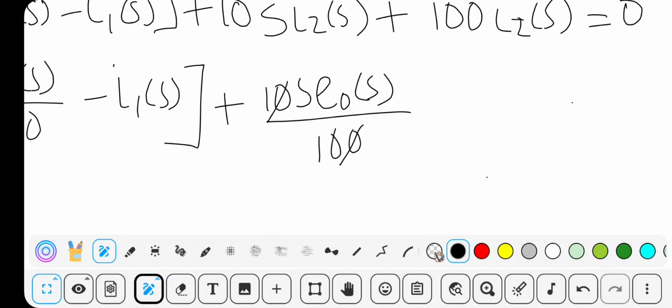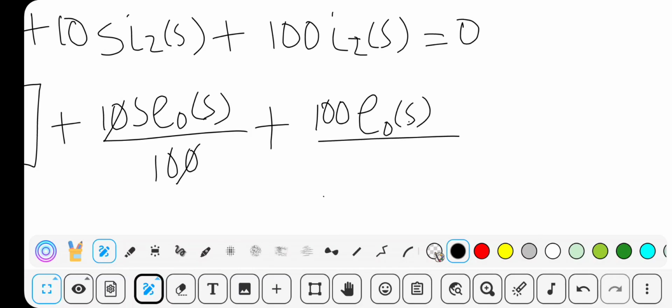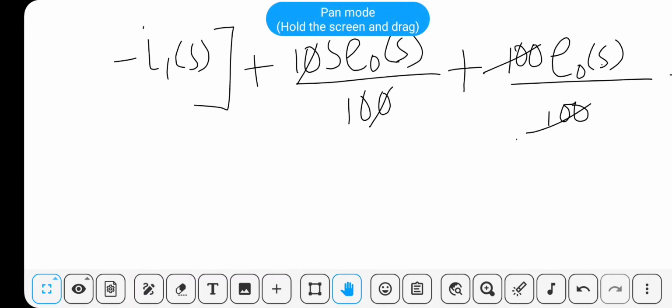This will go out plus 100 E naught of s over 100. This also goes out, which is equal to 0.